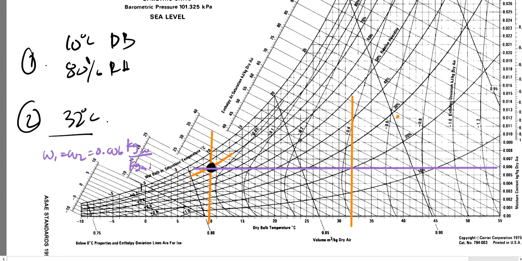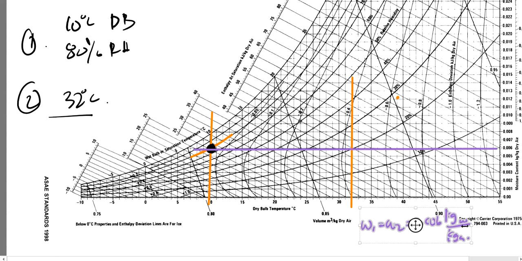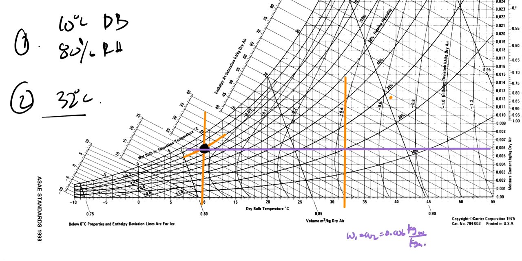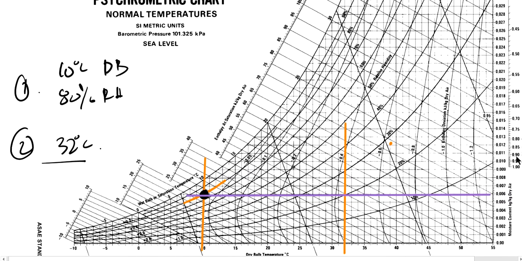We have the temperature, we have the moisture, then the next one is we should have the energy. Okay, so next is the energy.